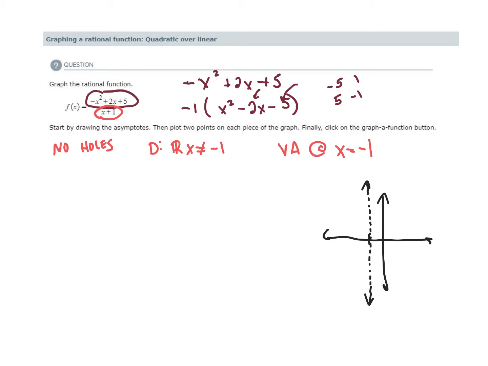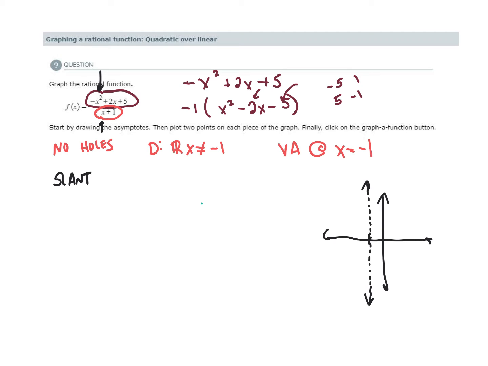Now, when we go on to horizontal asymptotes or slant, oblique asymptotes, this one actually has a slant asymptote. The reason it does is because the degree of the top, which is 2, is bigger than the bottom, so we have a slant asymptote. Now, slant asymptotes are pretty tough to find.